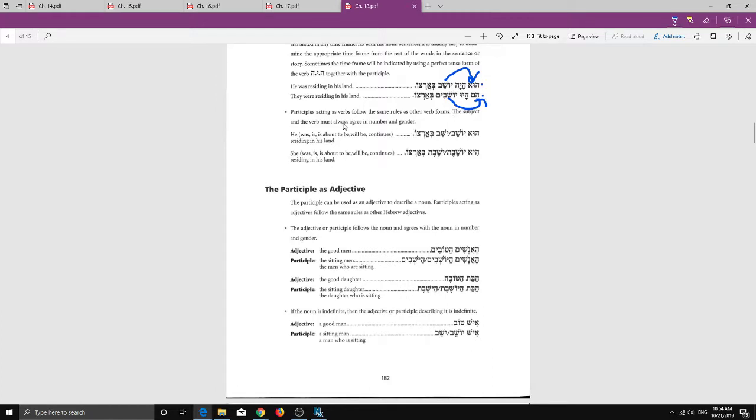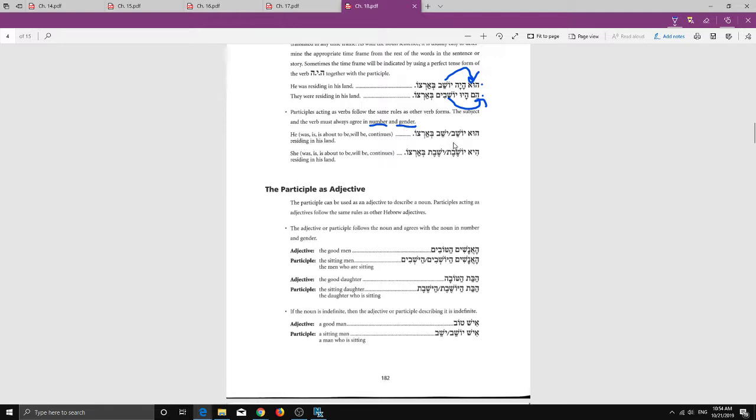And I guess that's what this next section is about. Because a participle is a verb, like other verbs, it still does have to match the noun in number and gender. So we could not have this participle in this sentence. It wouldn't make any sense in Hebrew.